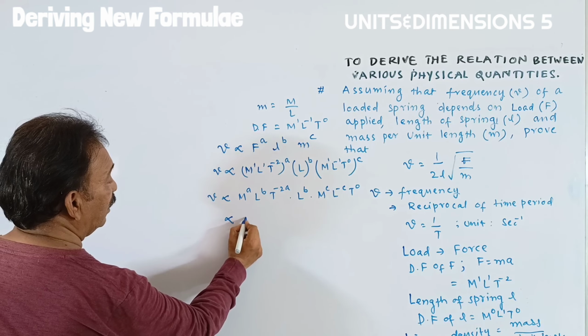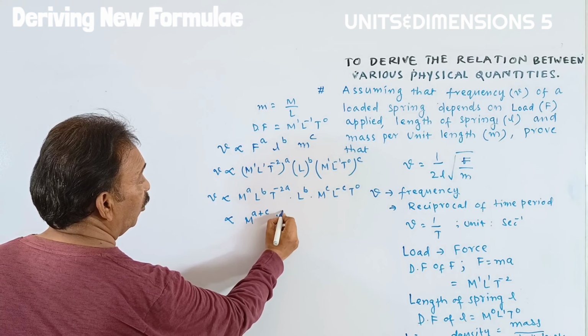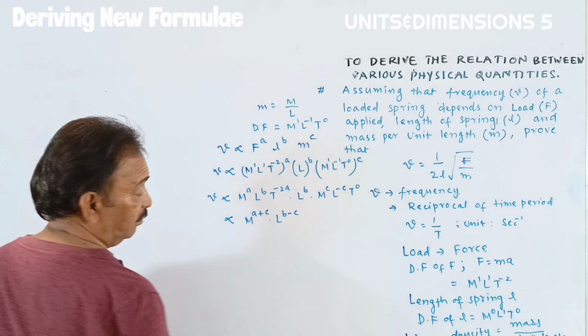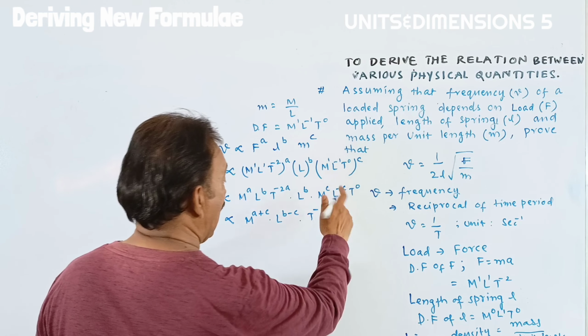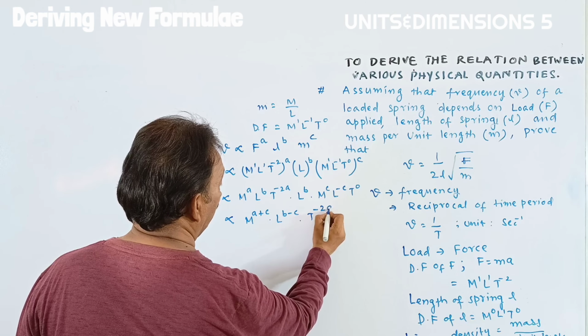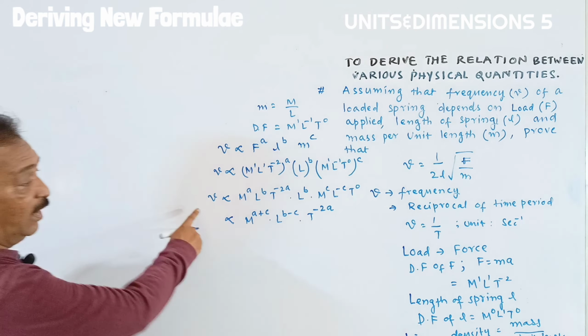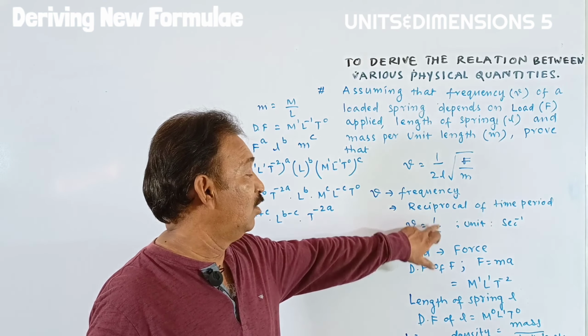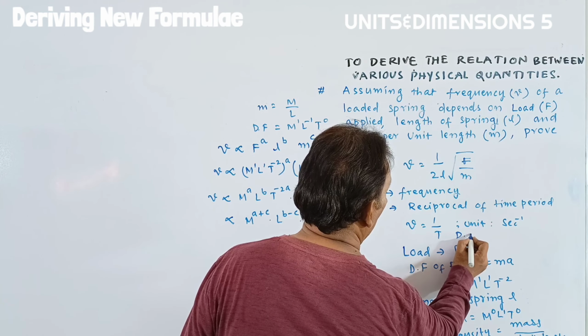Frequency is directly proportional to M to the power of a plus c, L to the power of a plus b minus c, and T to the power of minus 2a.